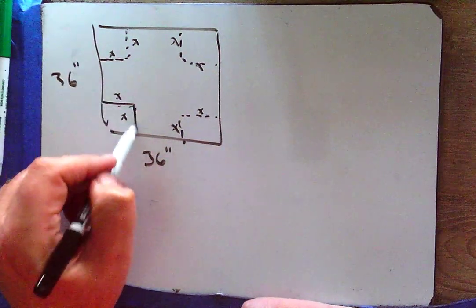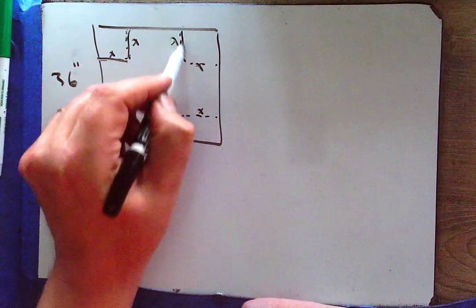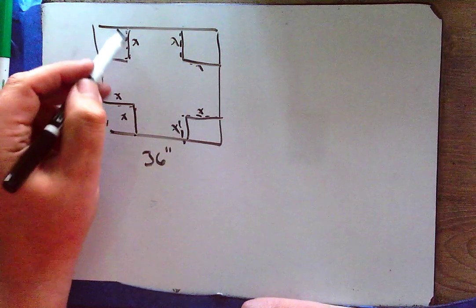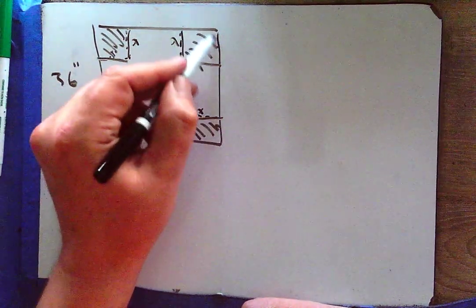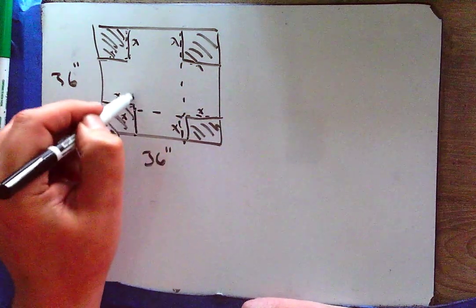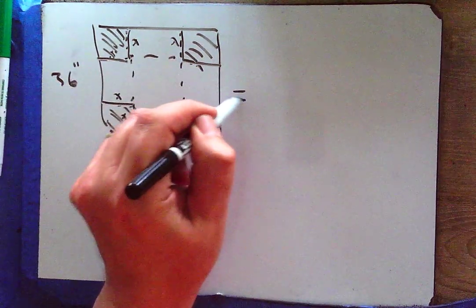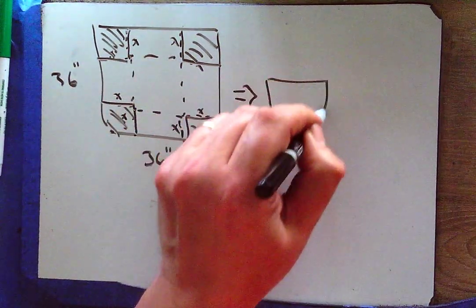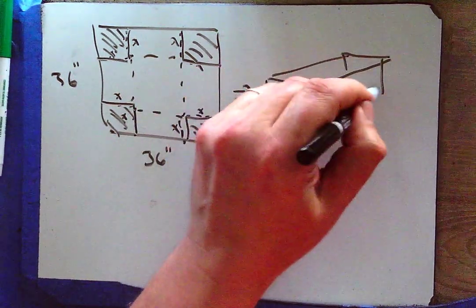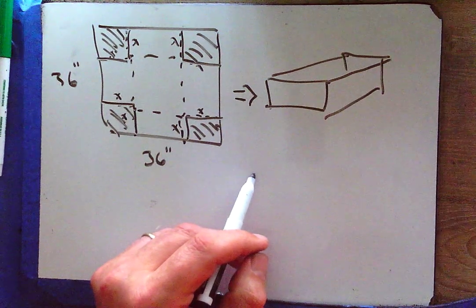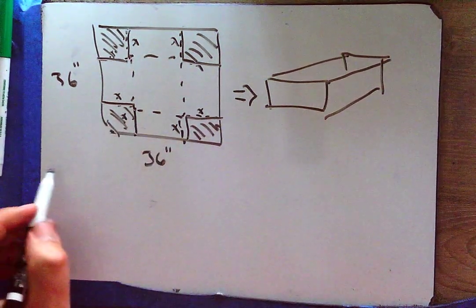Okay, so I'm going to cut them out, and then I'm going to fold along the dotted lines, and that's going to turn into an open-topped box.